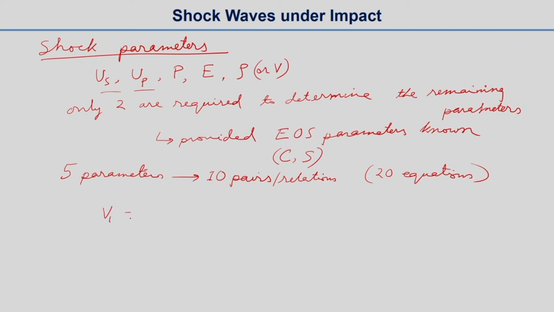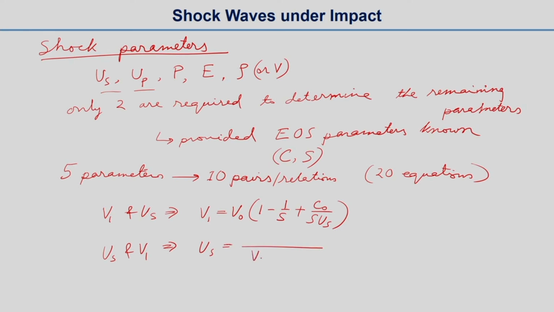That can be written as V1 = V0 (1 - 1/S) + (C0/S Us), and otherwise, if you write the relation as Us and V, Us is equal to (C0 V0) on the numerator over (V0 - S(V0 - V1)).